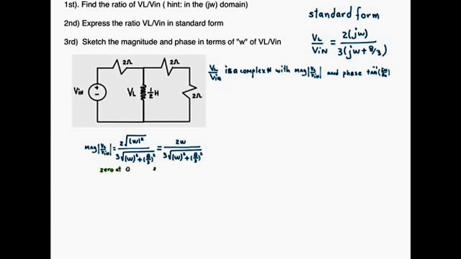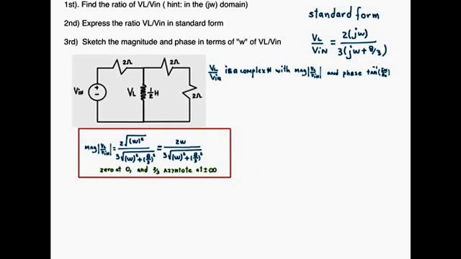We can see from this expression that we're going to have a 0 at 0, and we're going to have an asymptote at 2/3 when omega goes to plus or minus infinity.